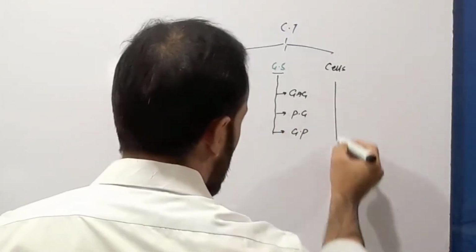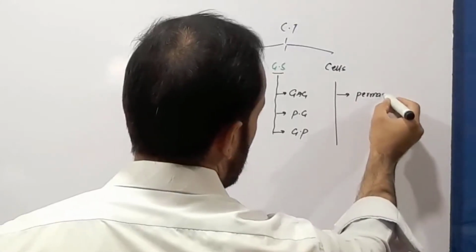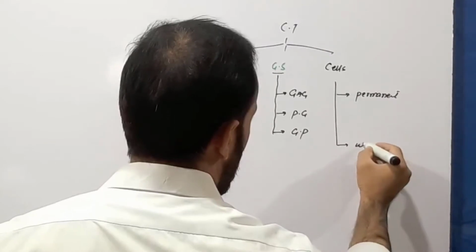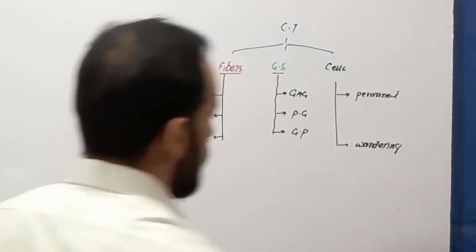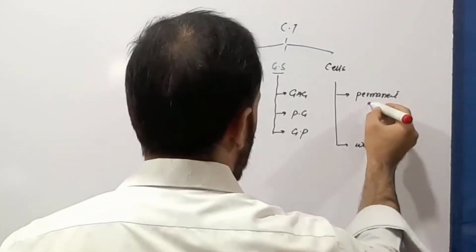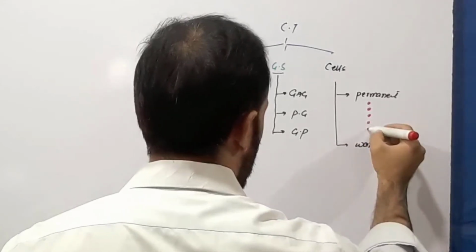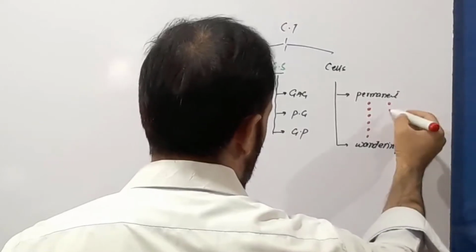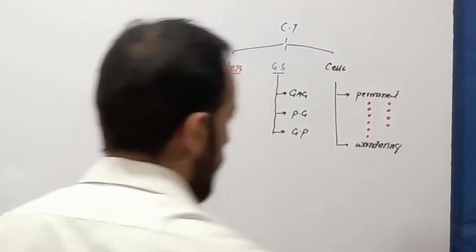And the cells are of two types. One was the permanent cells, and the other was the wandering cells, or the transient cells, or the visiting cells, or the guest cells. The permanent cells we discussed were osteocytes, osteoblasts, chondroblasts, chondrocytes, reticulocytes, endothelial cells, pericytes, the mast cells, and the adipocytes.